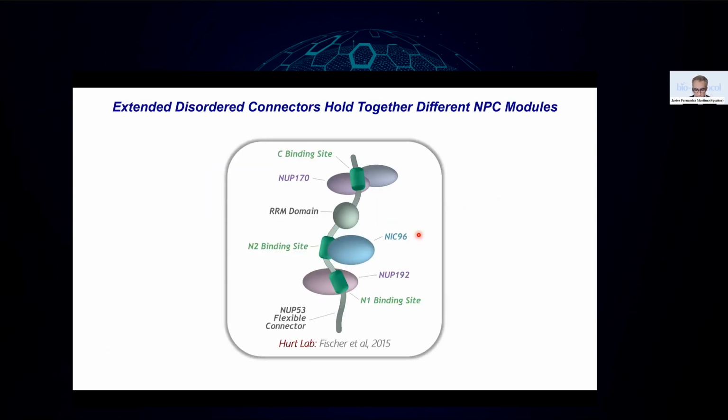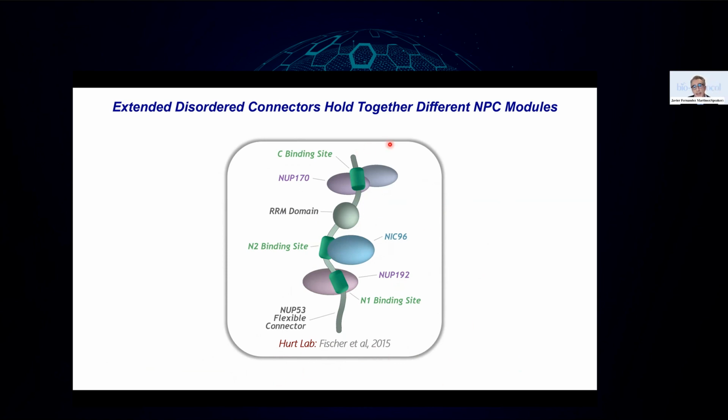And this is thanks to all these hinge connections, and also thanks to another feature that is very important in the NPC that I have not mentioned before, and those are the flexible connectors. These flexible connectors are something that was first described in this groundbreaking paper by the Ed Hurt lab.